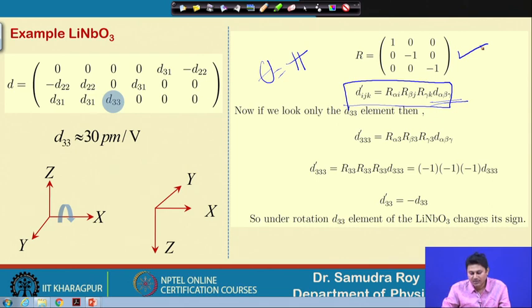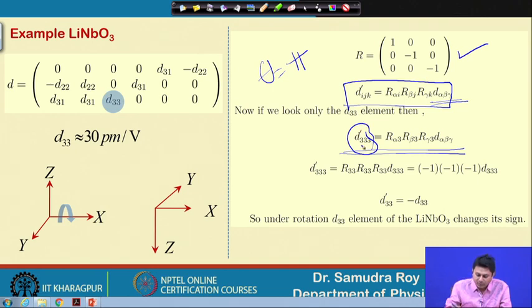So, I know what my R11, R12, R13 and so on are. Now, I try to find out what happens to the D33 component under this rotation, so we are going to use this expression for D33. I need to put D33 prime, because I need to know the value of D33 in the prime frame.